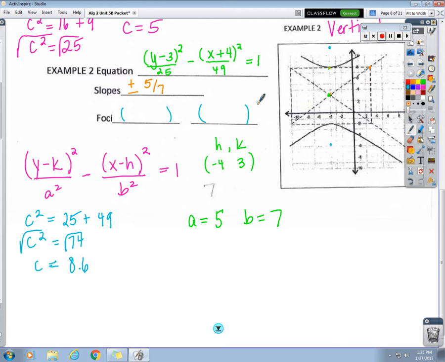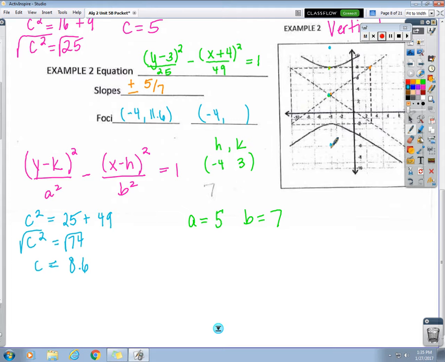Okay, but just kind of listen to how I'm going to figure it out. To get to either foci point, you have to go left 4. So doesn't that mean both of them have an x value of -4? Okay, well then, to get up here, think about it. This point was up how many units? 3. And then did we add 8.6 to it? What's 3 plus 8.6 more? 11.6.